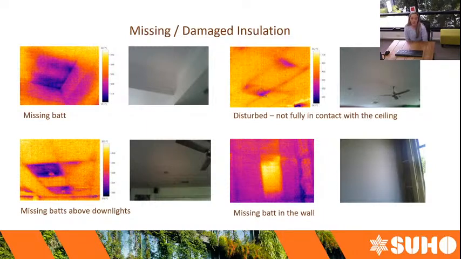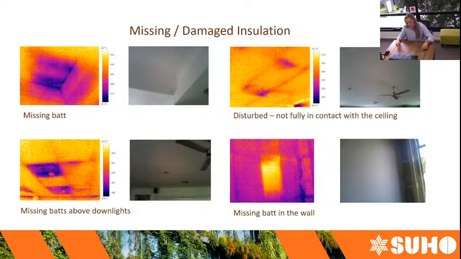So downlights, depending on which downlight you use, some of them you can put insulation over the top in the roof space and others you can't because they get too hot. In this instance, it looks like these downlights, you can't put insulation over the top of them, and the clearance is generally required to be about 150 millimetres around each downlight to protect the insulation from getting too hot and catching on fire.